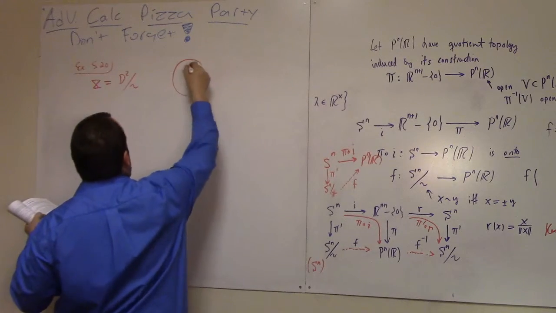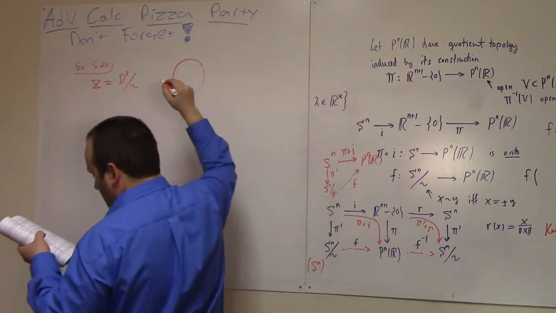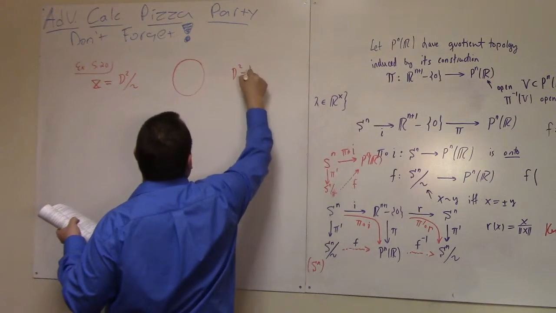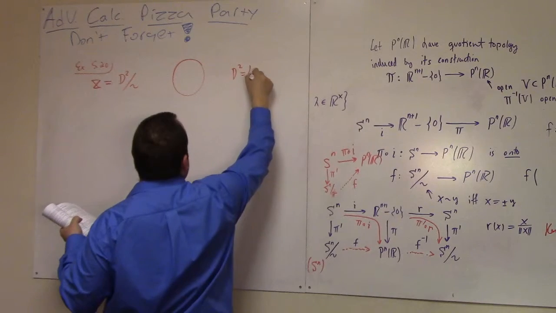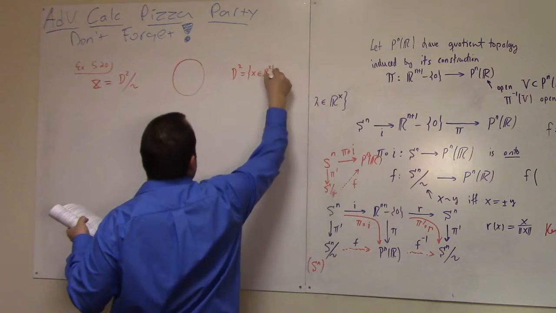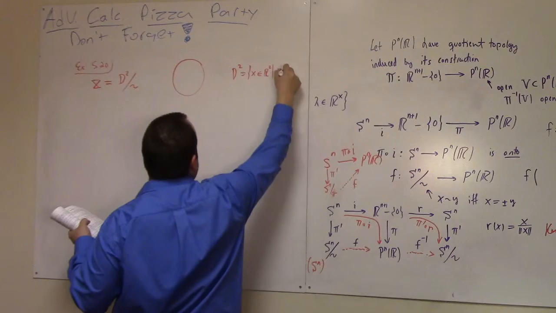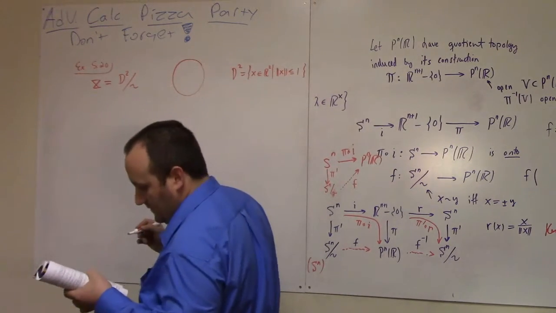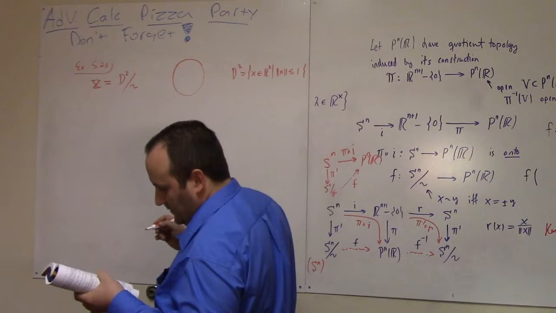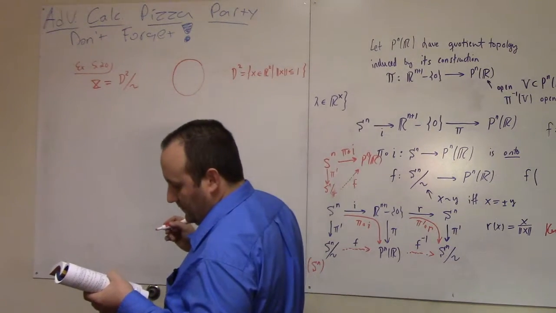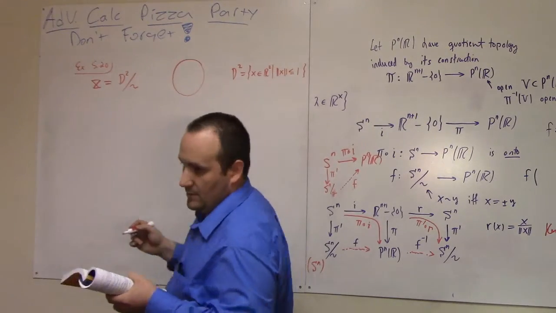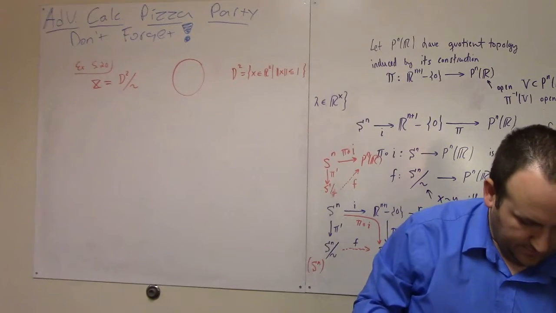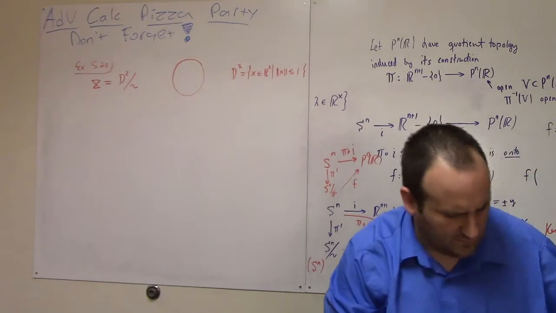So the two-dimensional disk D2 is the set of x in R2 such that the norm of x is less than or equal to 1. And the equivalence he wants to consider is the one that identifies antipodal points on the boundary. So I'll try to illustrate that for you guys.